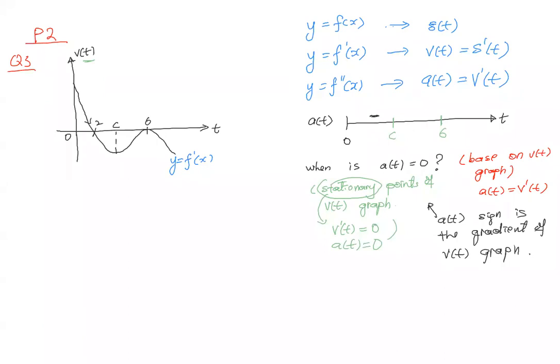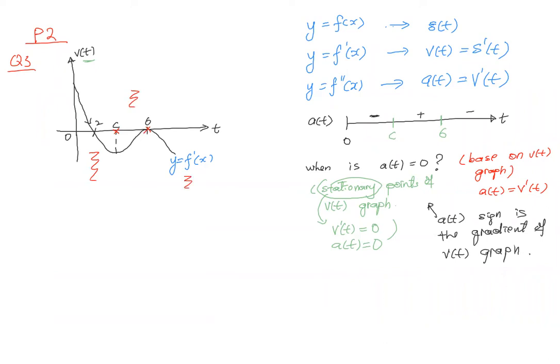So after that is positive, after that it's negative. So now, if I want to draw the AT graph, it will pass through this point and it will pass through this point. For this part it is down here. For C to 6 it is up, and this one is down.